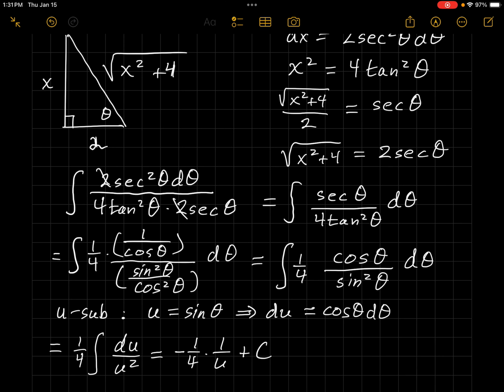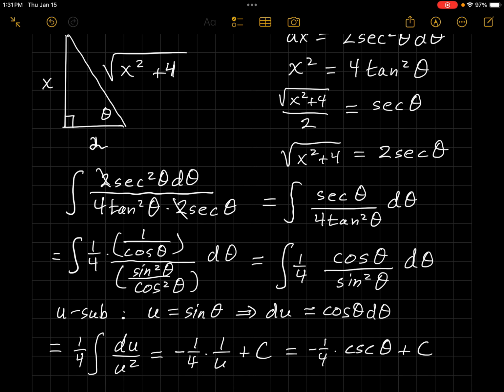Well, now I got some back substituting to do. U is sine of theta, so 1 over u is the cosecant of theta. I'll repeat that. Since u is sine of theta, 1 over u is cosecant of theta.